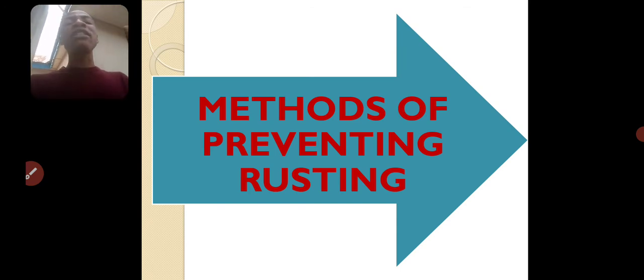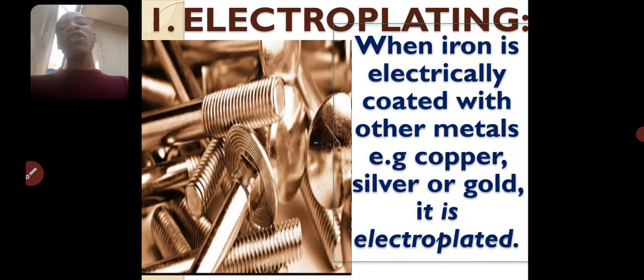When the tank of the vehicle becomes rusted, the vehicle starts leaking, and it can explode when there's enough heat. So preventing iron from rusting is a very important aspect of the economy of a nation. That's why a lot of methods have been developed to prevent iron from rusting.